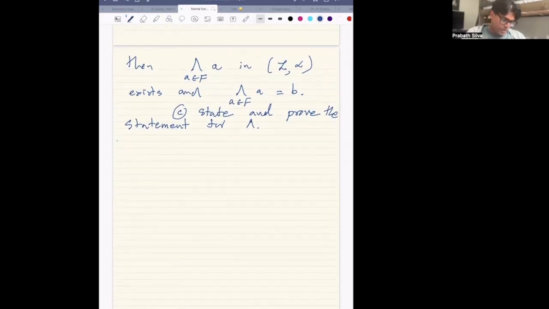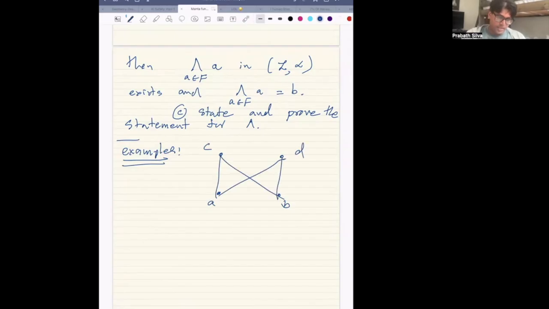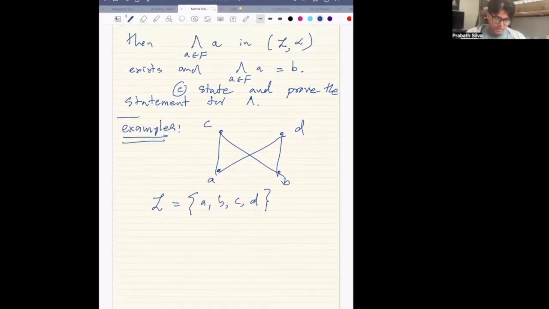So here are some examples. You can have a lot of simple examples like this. This is A, B, C, D, and you have a partial order that looks like this. In other words, the set L is 4 points A, B, C, D, and we have the ordering.